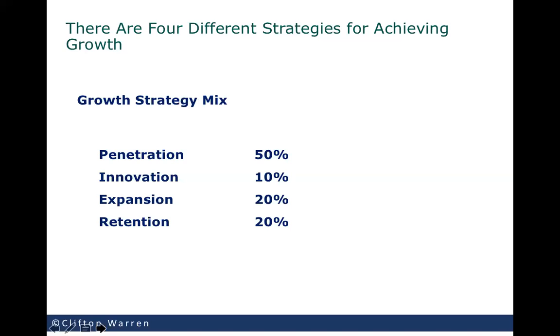Instead, keep them simple to 1 or 2 pages. Matter of fact, a lot of this can be done on the back of an envelope or just 1 sheet of paper. It's easy to communicate to your team. It's easy to show to your partners. It's easy to show to your alliance partners and your suppliers the direction that your business is going. And when you have this written down, it's clear and it's easy to follow.